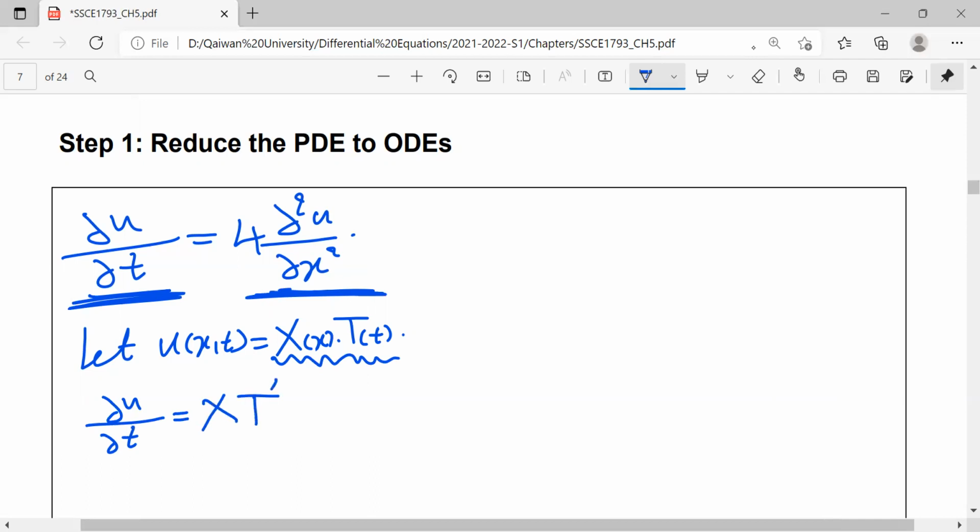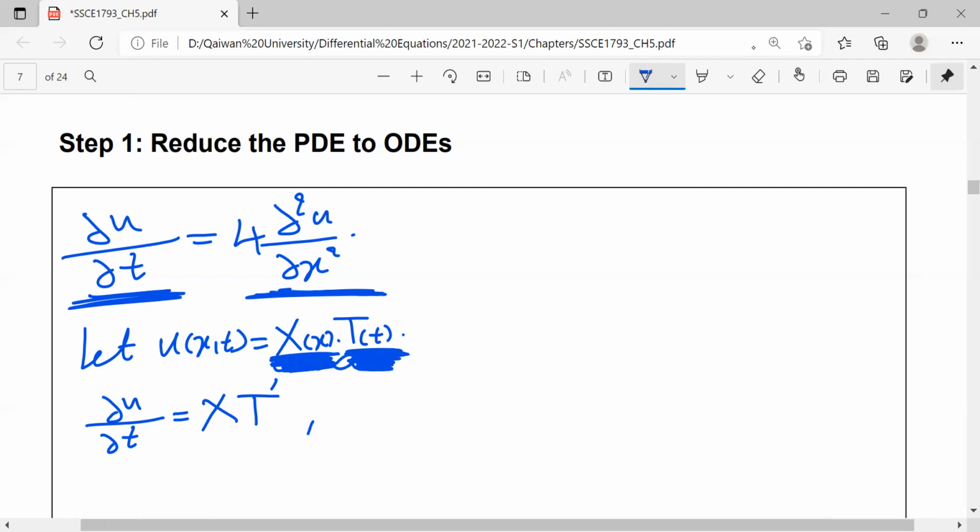This is the multiplication of two functions. If one has only x in it and the other has only t, then the derivative with respect to t is just the derivative of the second, and we deal with the first as a constant. So the derivative of T with respect to t is T prime.